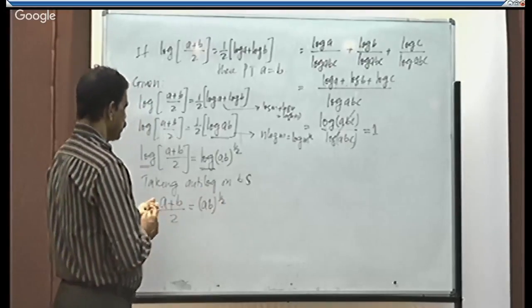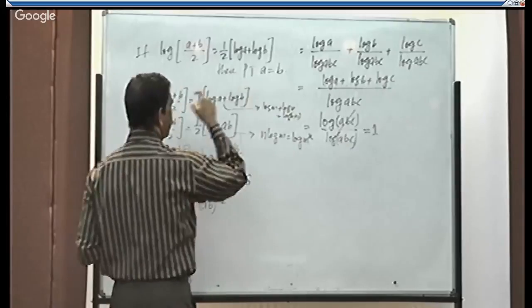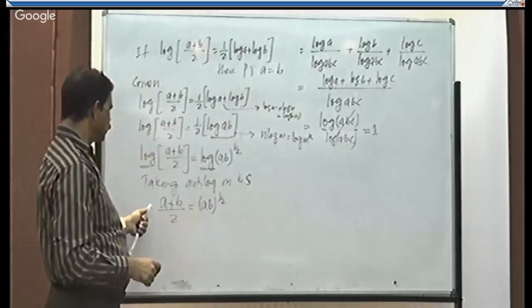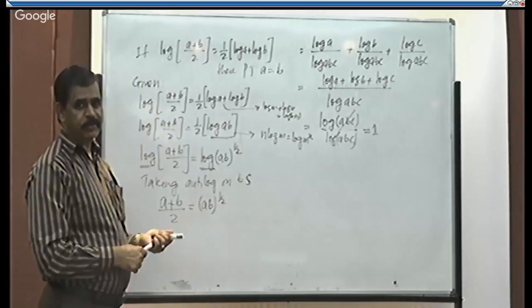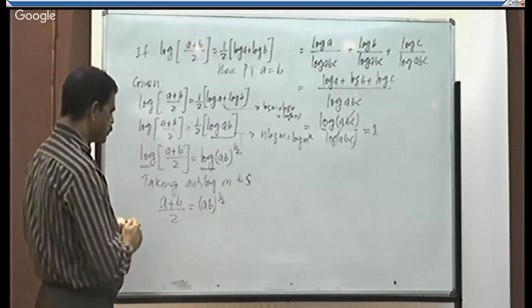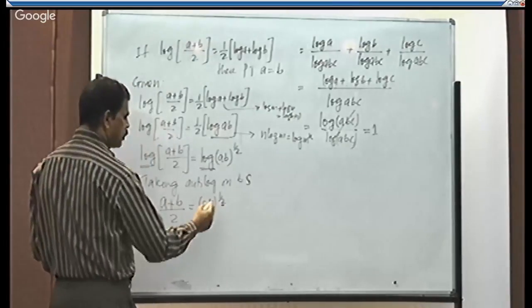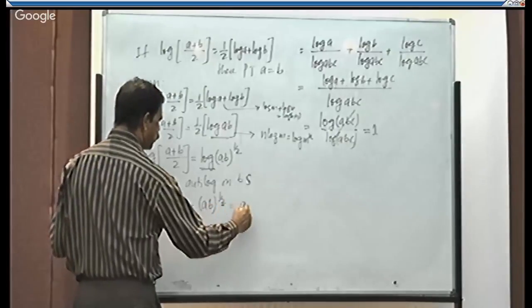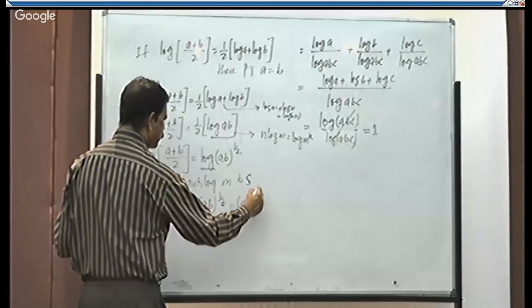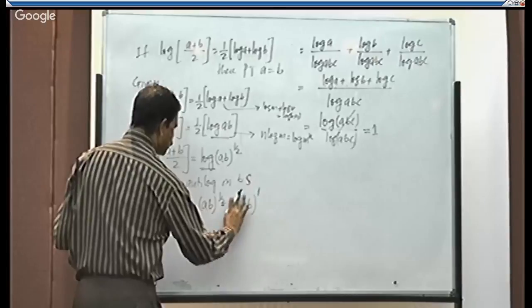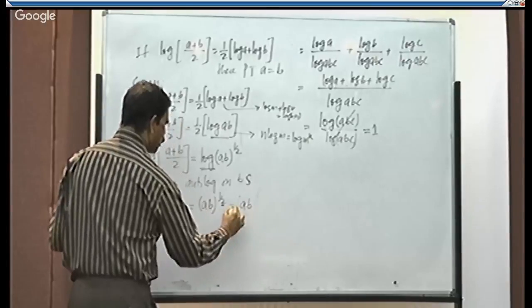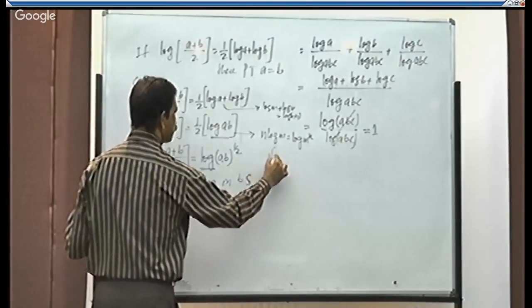No, we should prove that a is equal to b. Somehow we have to use the formula of (a plus b) whole square or (a minus b) whole square. Here we have ab to the power of 1 by 2, or we can write it as a root.